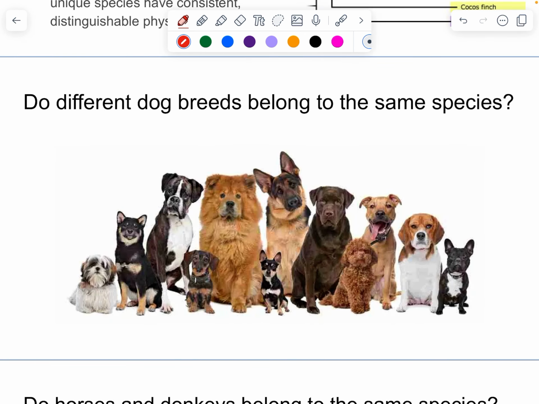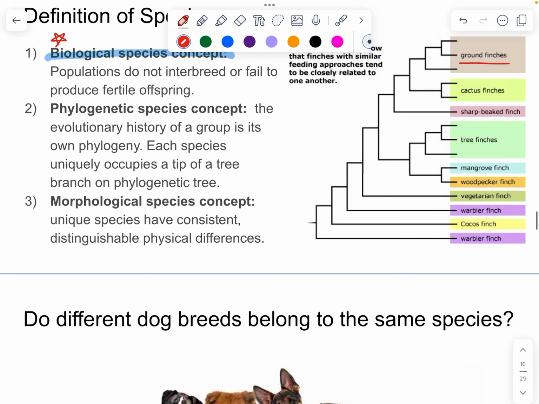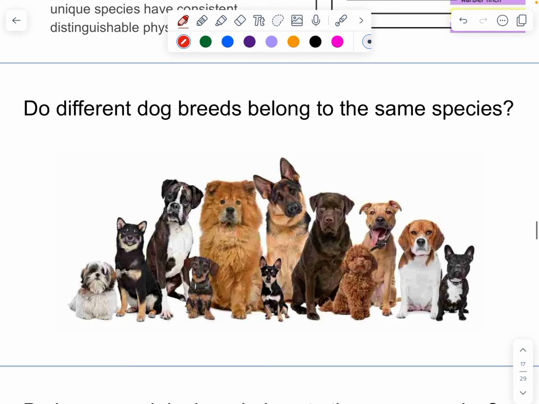So here's a question for you. Here we have a picture of many different breeds of dogs. My question to you is, do different dog breeds belong to the same species? I want you to ponder this question based on these 3 different species definitions.